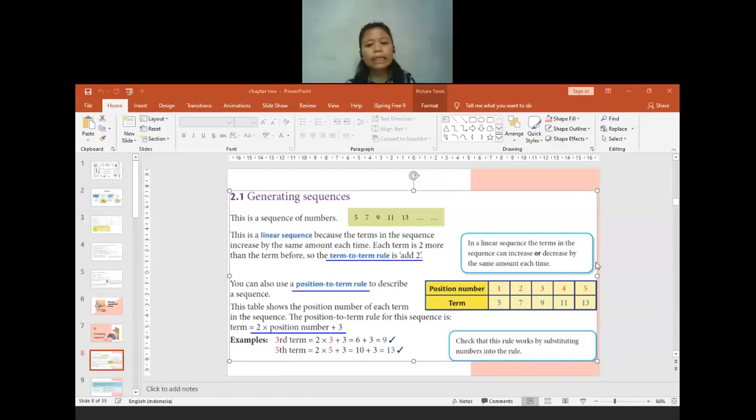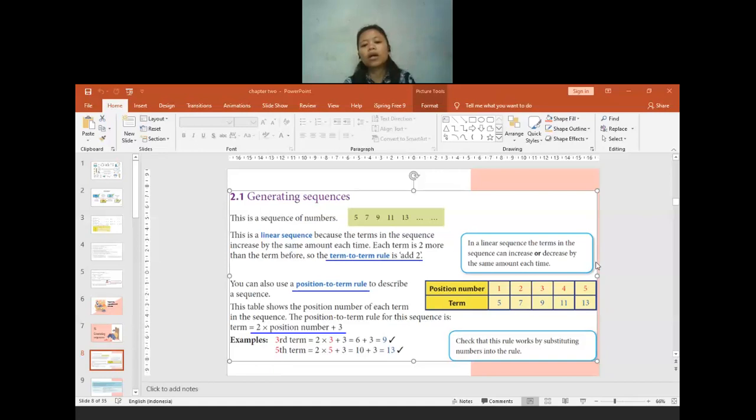The term to term rule is a rule for how the numbers change from the first to the next. From 5 into 7, what do I do? I add 2. From 7 into 9, I add 2. Between the first number, the second number, the third number and the others, what do I do to get the next number?